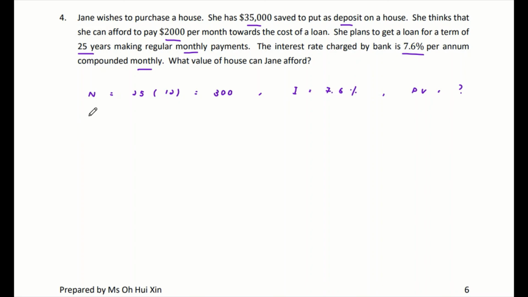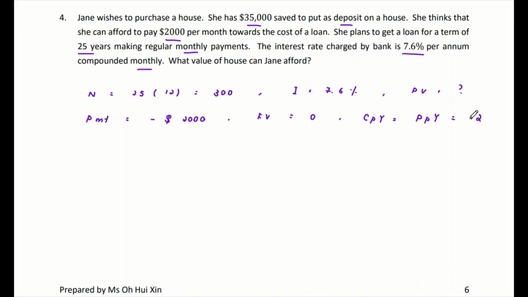Then PMT: she can afford to pay $2,000, so she gives this money to the bank, negative $2,000. Then we have FV. At the end of the 25th year, she will have cleared off all the loan, so FV is 0, and CPY, PPY here is 12 times per year.